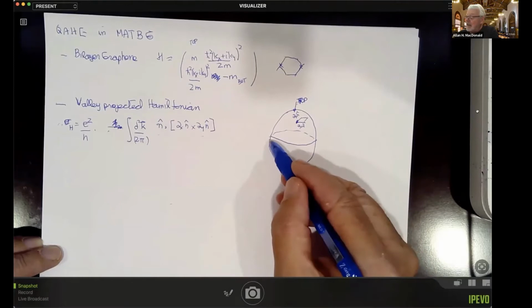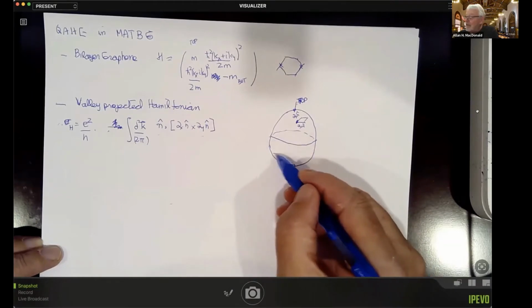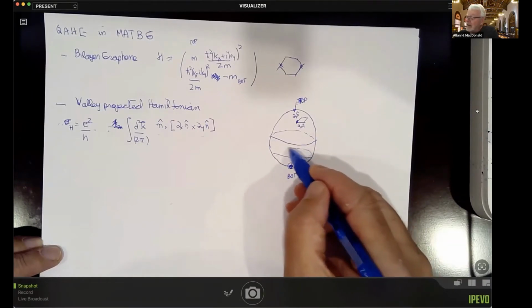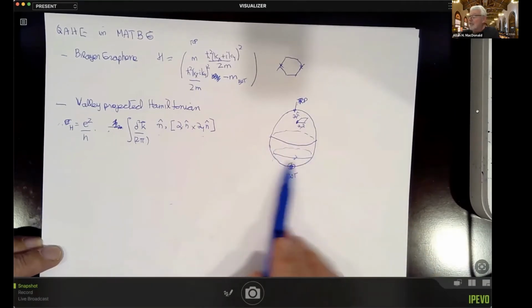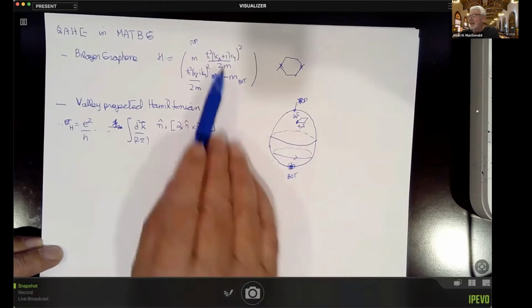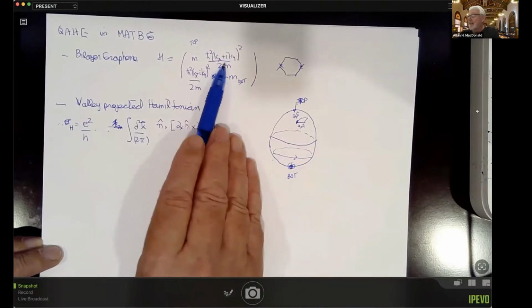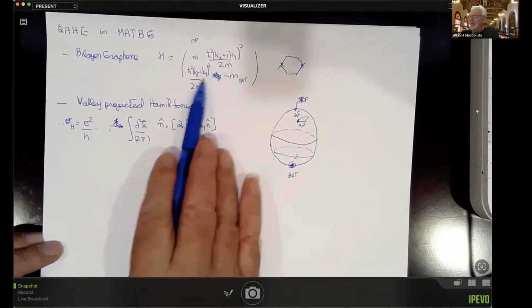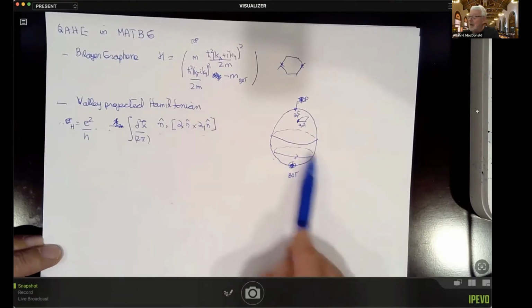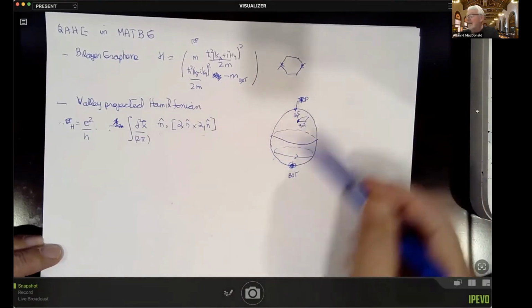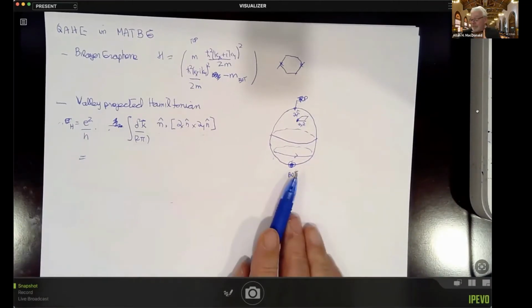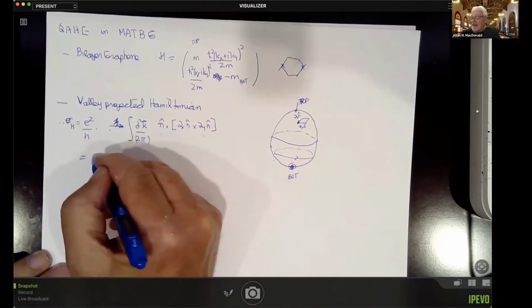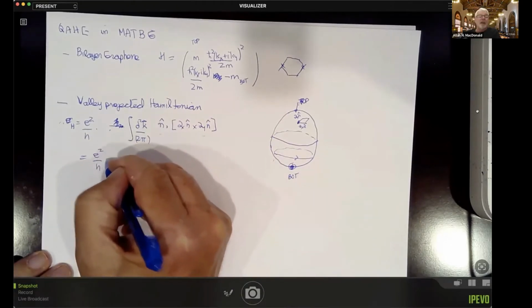At every k, when you go around a circle, you go around a line of longitude in the sphere because it's determined by the phase of this off-diagonal term, which is the only thing that's changing in this direction. So when you do the integral over all k, you see that you get a Hall conductance of 1 unit.